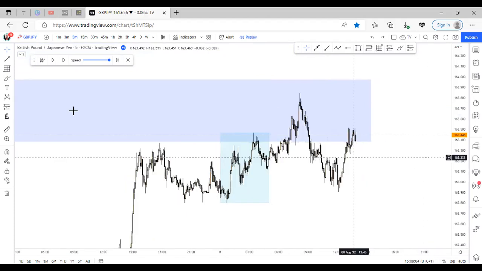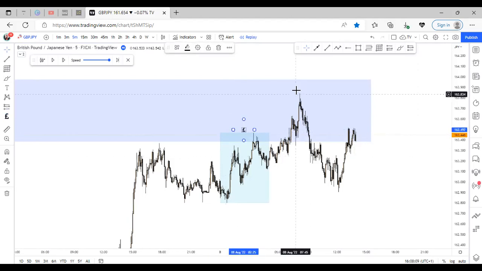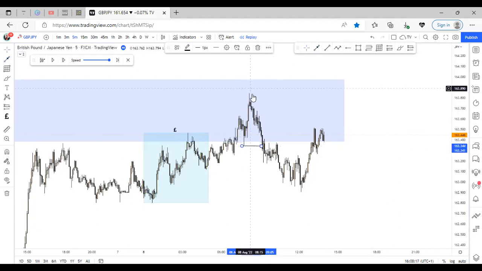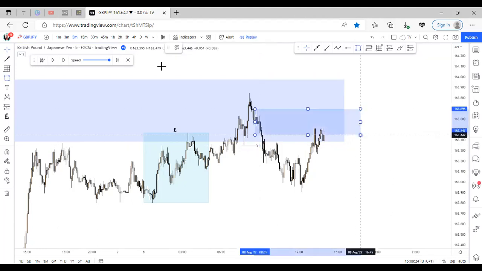As you can see, the Asian range high liquidity was taken out during the London session. It was taken out, and now we have a break of structure right here. This is the last low that gave us this last push. Market broke below it, leaving us behind with this supply zone right here.